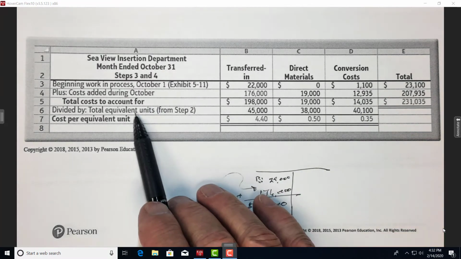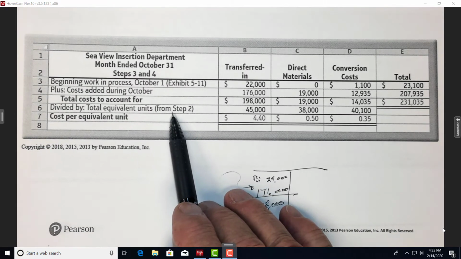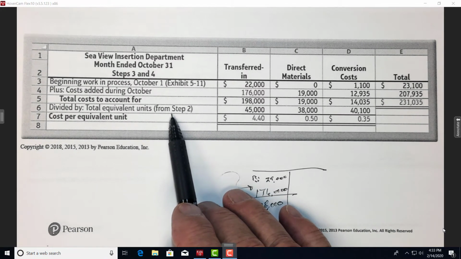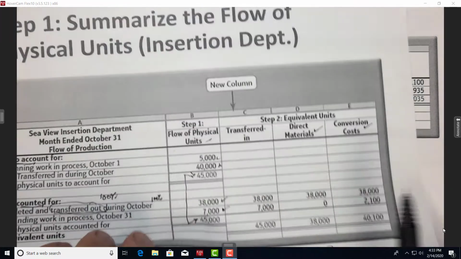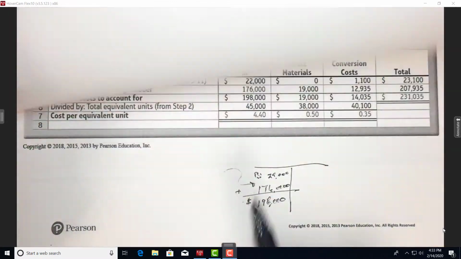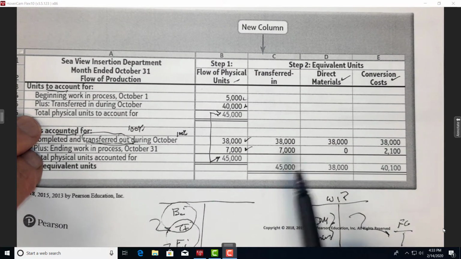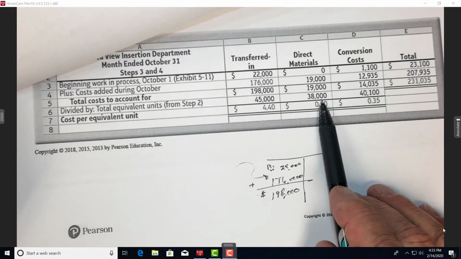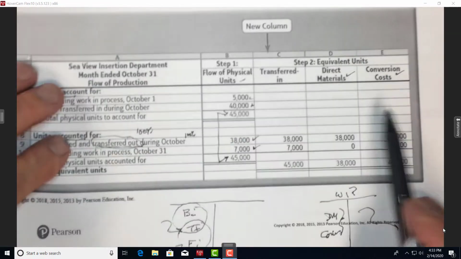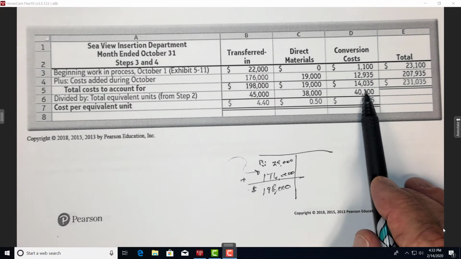Then you go back and divide by the total equivalent units. What does that mean? That means the physical units. And here we go. Here are the physical units: 45,000, which was transferred in. Direct materials was 38,000, and the conversion was 40,100.